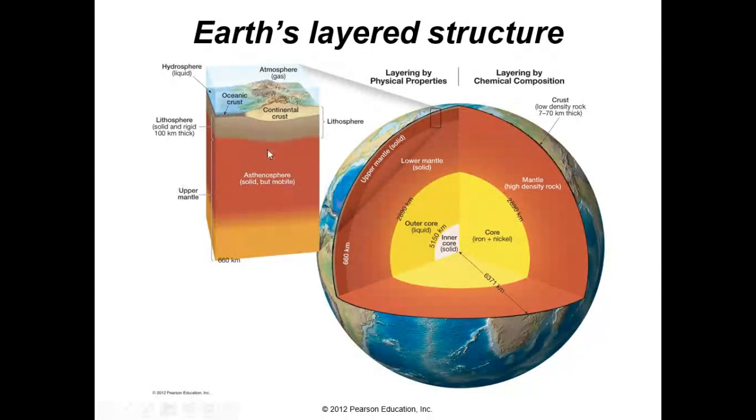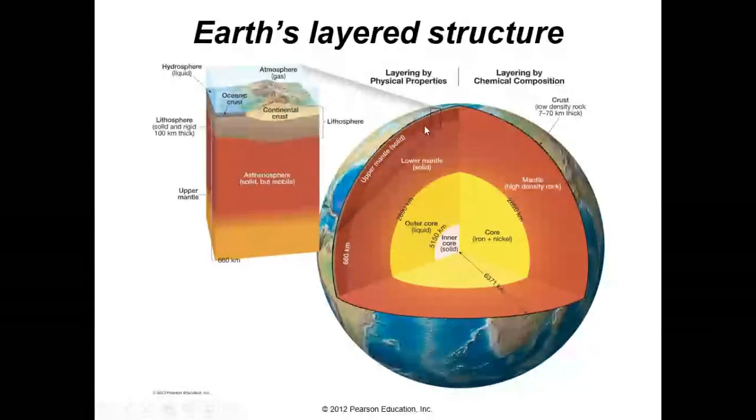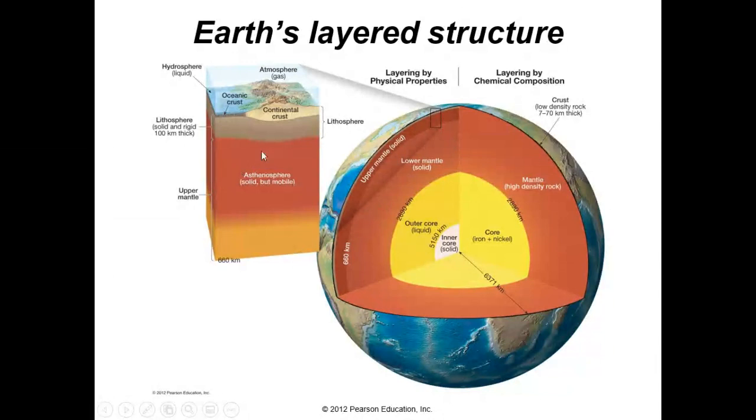Okay. Also in the mantle here, there's a part in the upper mantle, which is this darker red area. That's called the asthenosphere. This is a very important layer in Earth, and it's important that you understand what happens in this layer and why those things happen.